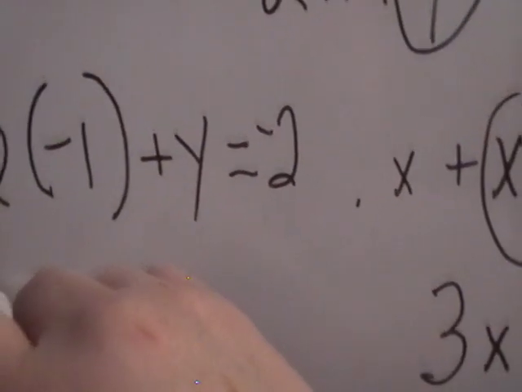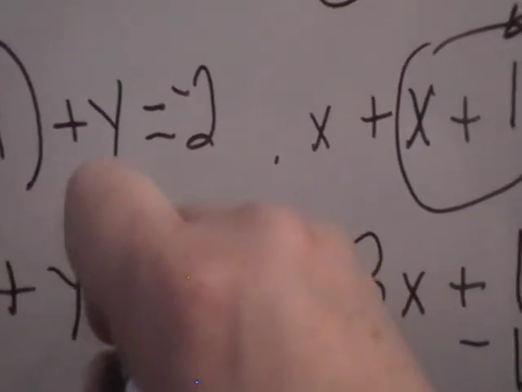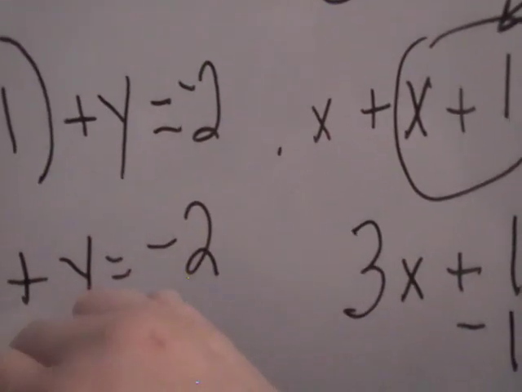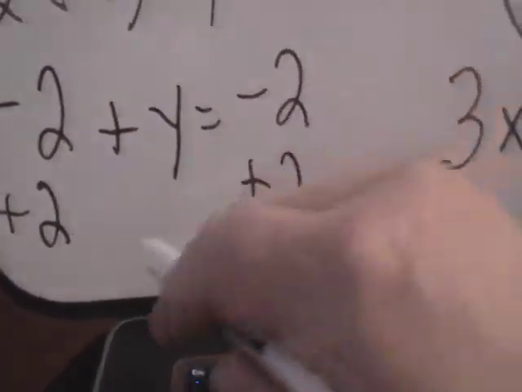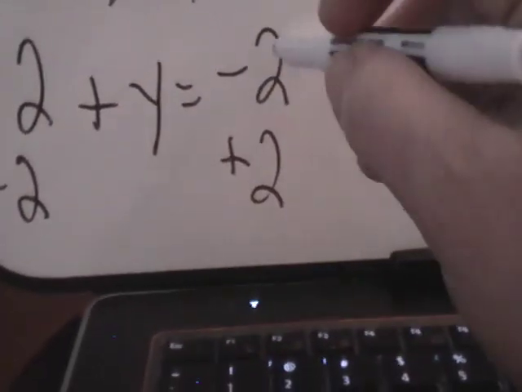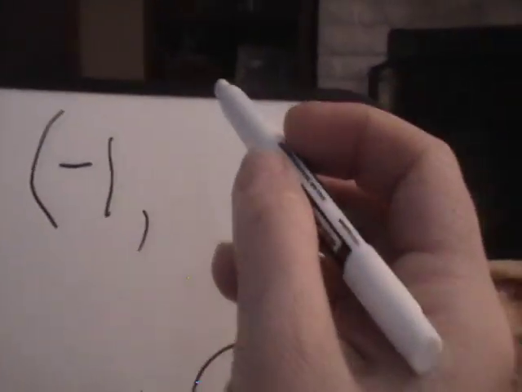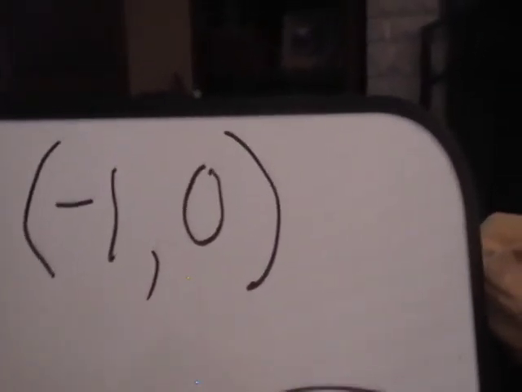So now I have -2 plus y equals -2. I add 2 here, and I'm going to be left with y equals 0 because these cancel each other out. Now I know that my other point is 0. So there is the point of intersection.